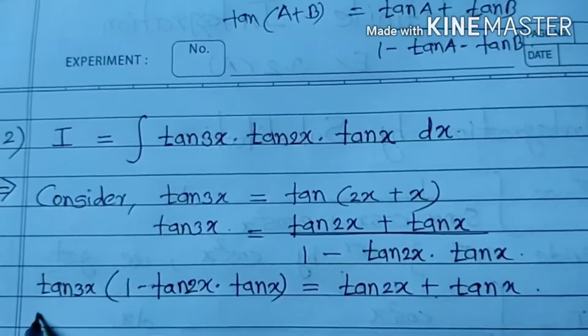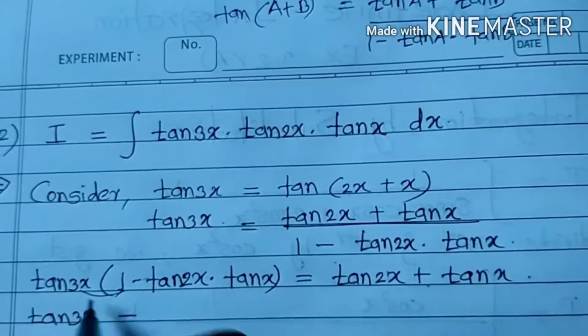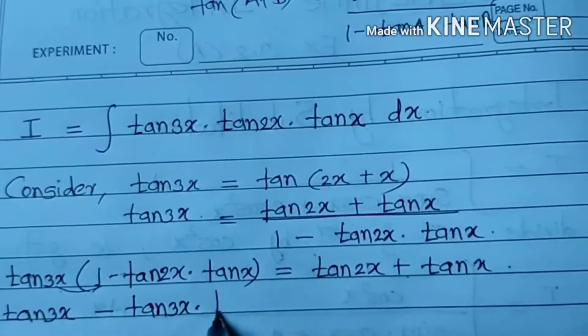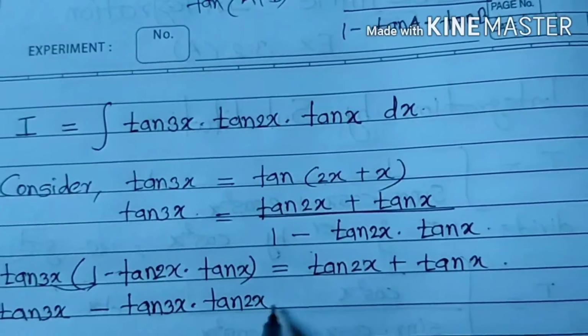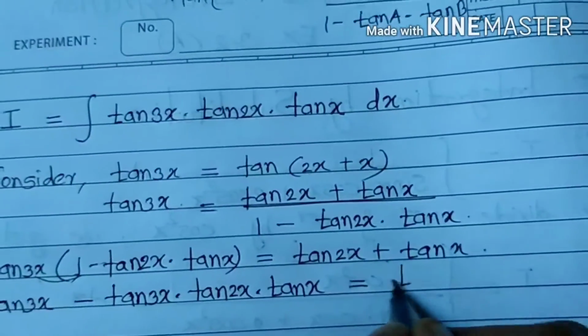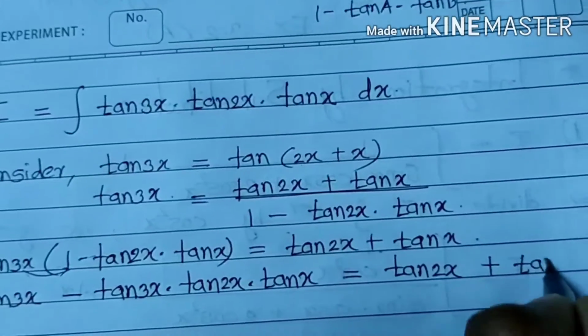Multiplying this, we get tan 3x minus tan 3x into tan 2x into tan x is equal to tan 2x plus tan x.